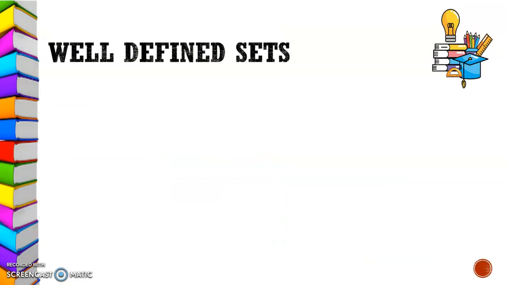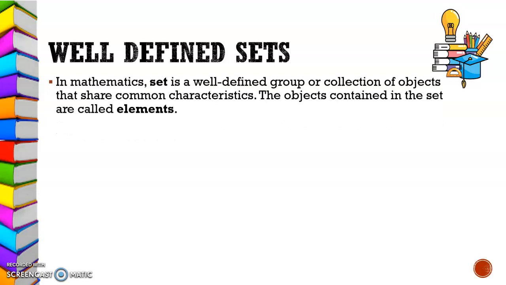Okay, so what about a well-defined set? In mathematics, a set is a well-defined group or collection of objects that share common characteristics. We cannot call a set well-defined if we cannot see that its objects have common characteristics. The objects contained in the set are called elements.